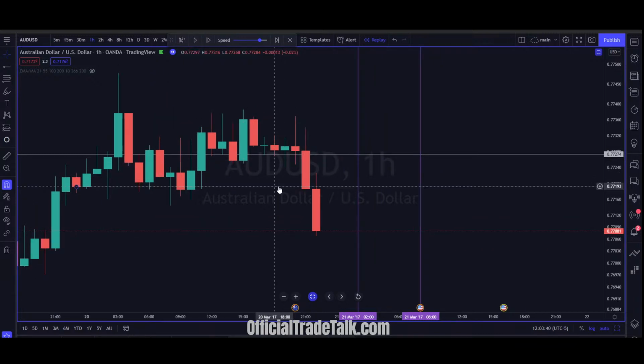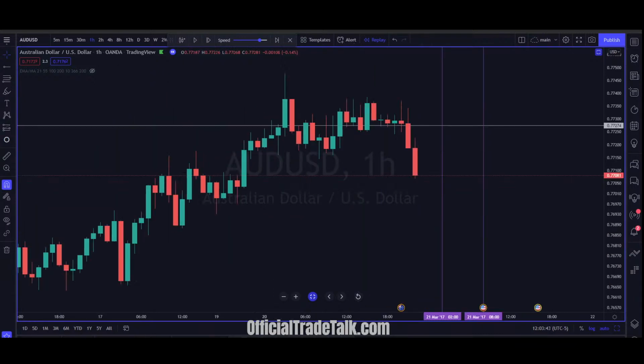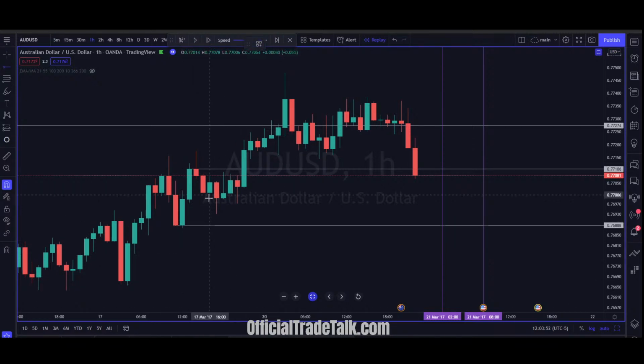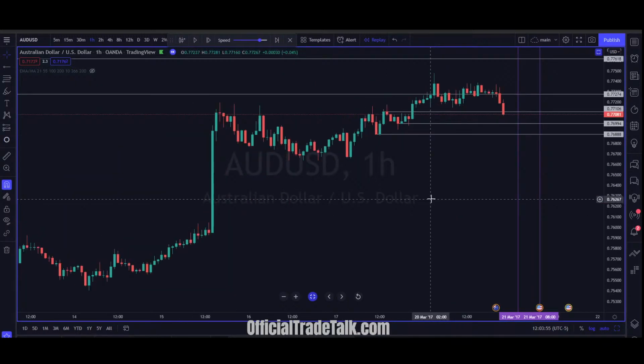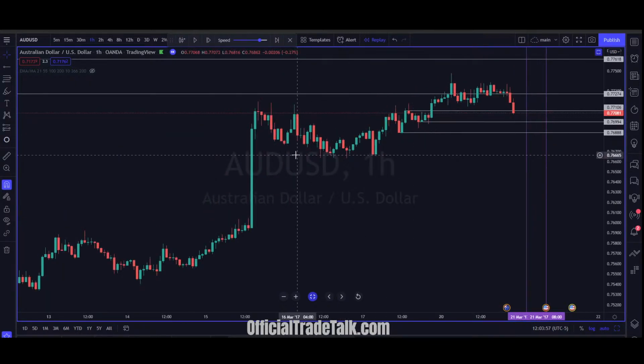So every day we have to find potential levels of support and resistance. So we'll mark out this range as support and resistance. We'll see how price reacts in there. Because what price could be doing is looking to liquidate these lows before it heads on up. But we'll see what happens.